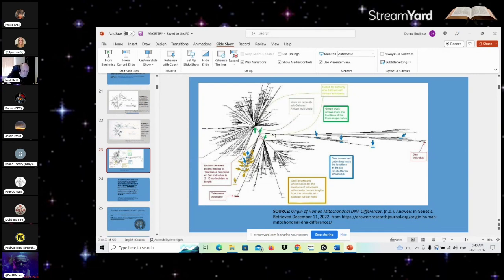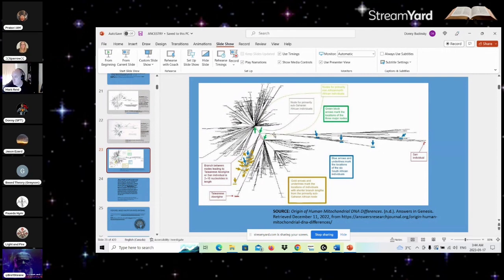The rooting of any tree, evolutionary speaking, is based on the fact that your deepest branches are in Africa. That's a fact. Prove me wrong.